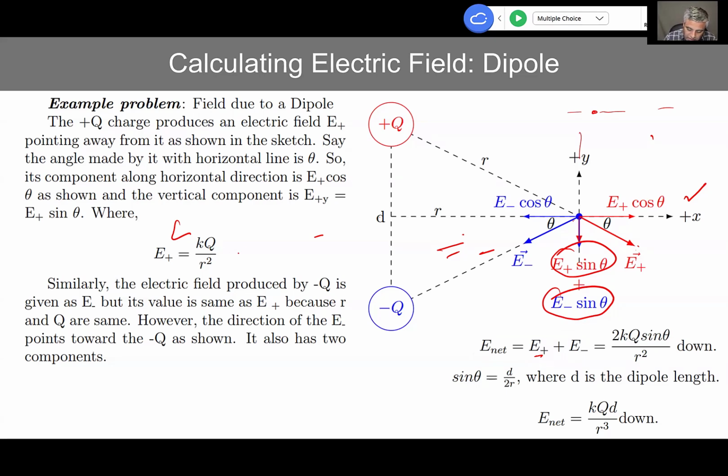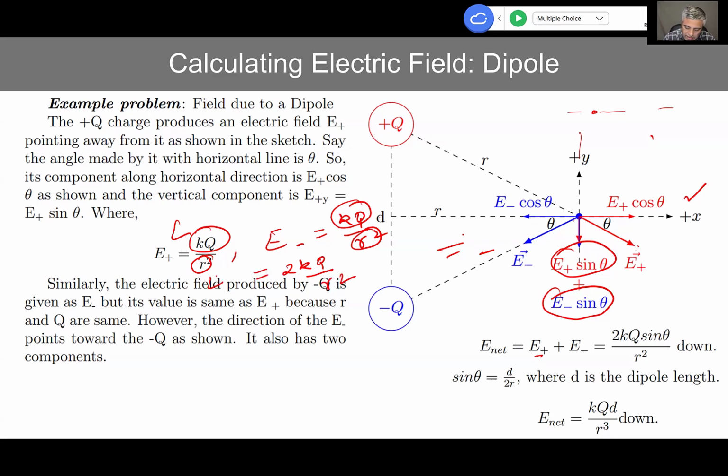So it's like saying, okay, that is E plus, and due to the negative charge, the value of the field is still the same. And since they are pointing in the same direction, we can add them. So this is kq, this is kq, r squared, r squared. So when we add both of them, it just becomes 2kq over r squared.